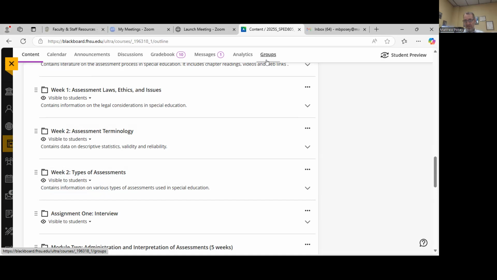A couple of suggestions to help lower frustration levels for this group project, because it's a virtual class. One is I strongly encourage you as a group to establish a shared Google Doc template that you're going to drop your information in. Each group member has different responsibilities in their district and is trying to balance life.